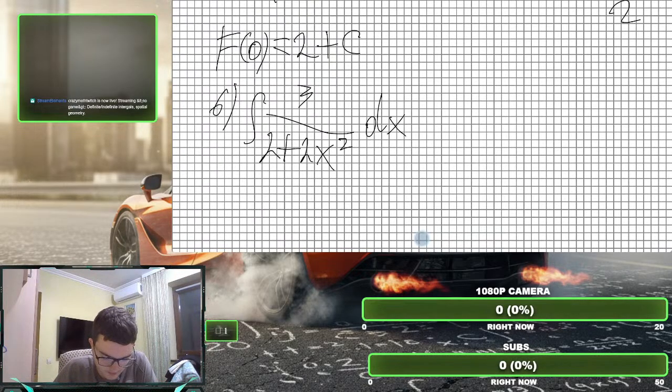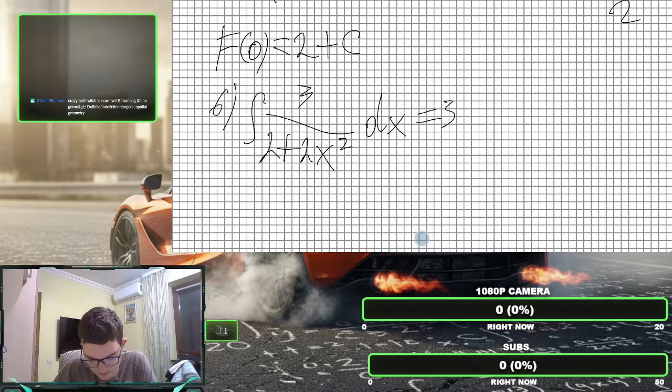So first leave this 3 on top, pop it in the front, because it's 3 times 1 on that. So that just is like this.